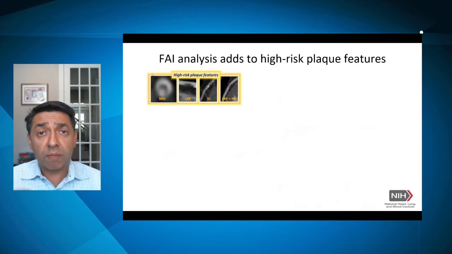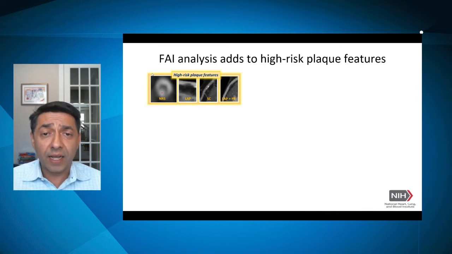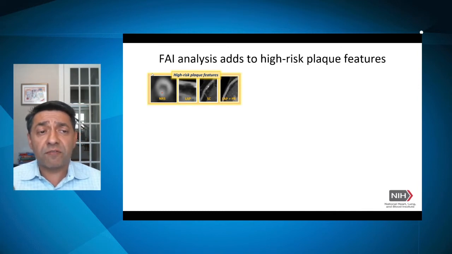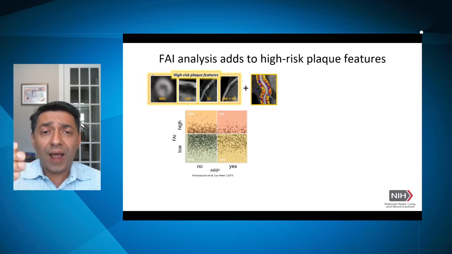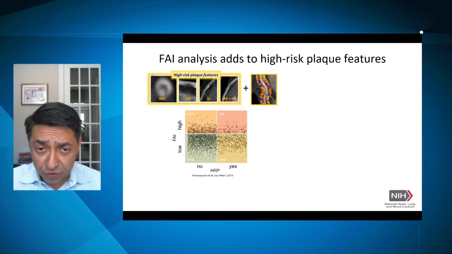Furthermore, I showed you our young patient, 38-year-old with psoriasis, chronic inflammation, and how he had a high-risk plaque. Well, what does FAI add when you look beyond high-risk plaque? So shown here are high-risk plaque features, including the napkin ring sign, low attenuation plaque, spotty calcification, the low attenuation plaque plus positive remodeling. What happens when you add FAI to this?